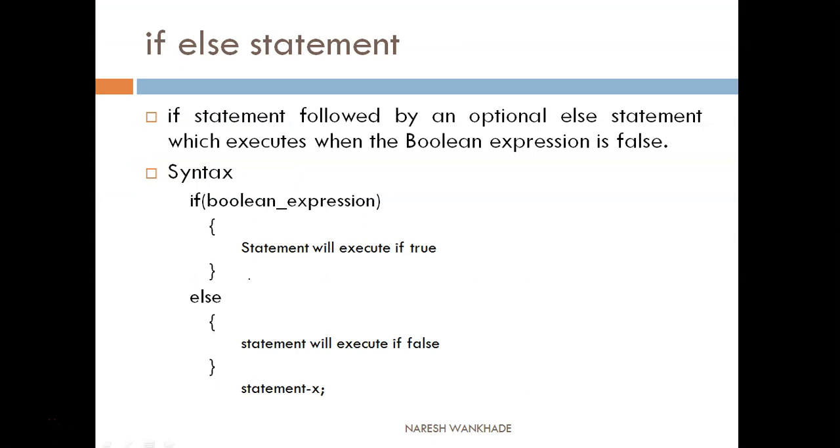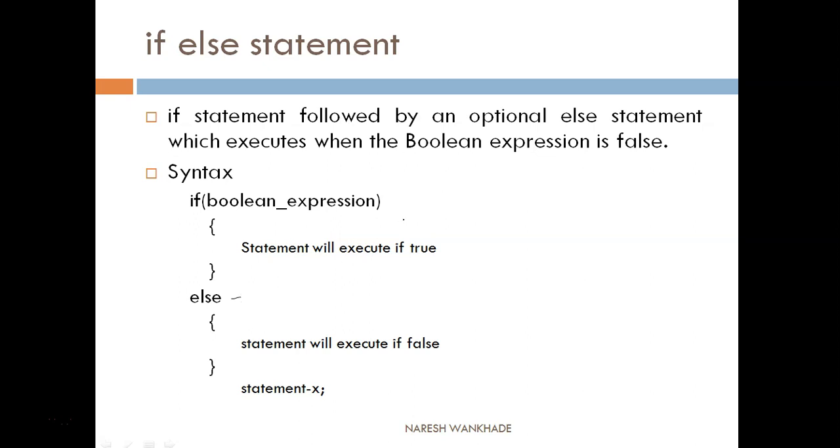This if else statement is like an if statement where the other side, that is the false side, has an else statement mentioned. If statement followed by an optional else statement which executes when the Boolean expression, that is the condition, is false. In that case, the else statement will be executed.